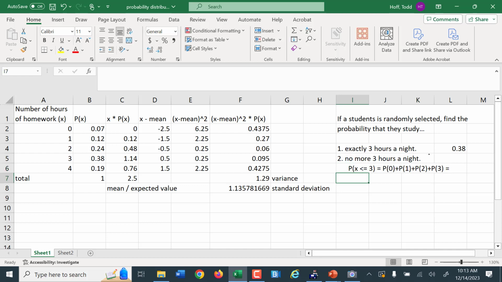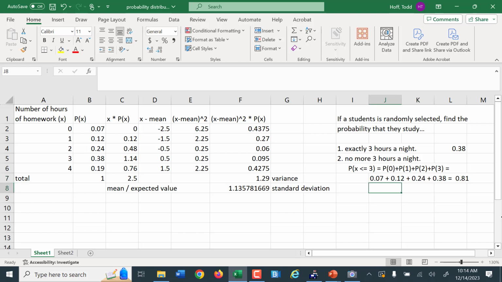So we add up all of those probabilities: 0.07 plus 0.12 plus 0.24 plus 0.38, and those will add up to 0.81 probability.